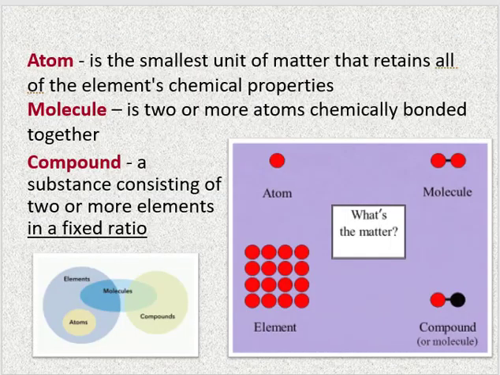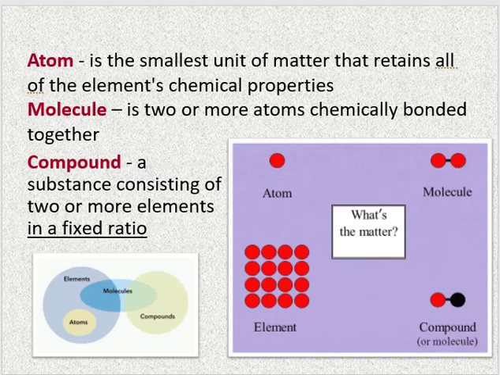Now, the smallest unit of matter that still retains all of the element's chemical properties is known as the atom. An atom cannot be broken down into anything smaller and still retain all of the same properties of that element.